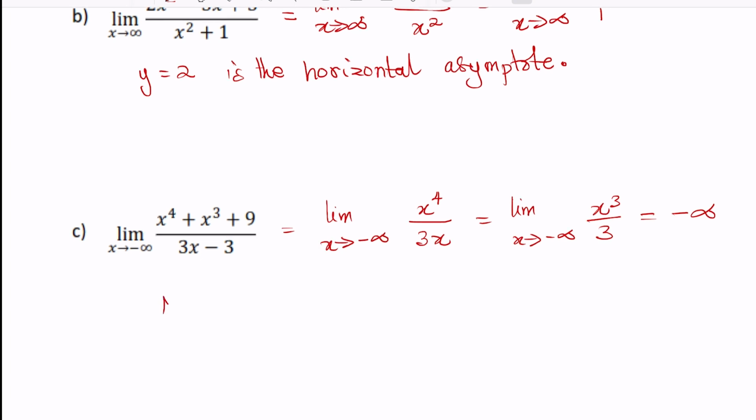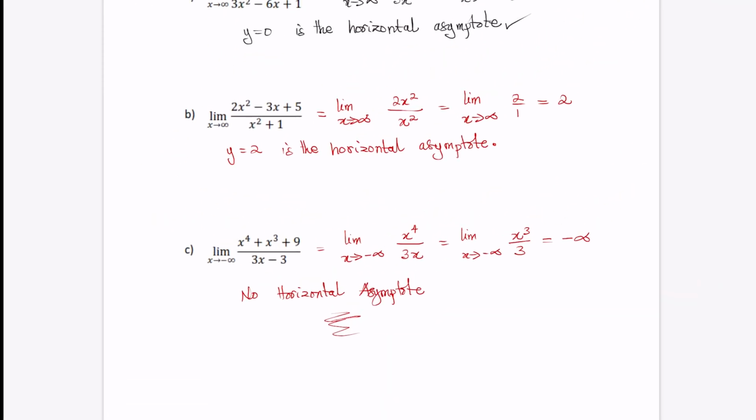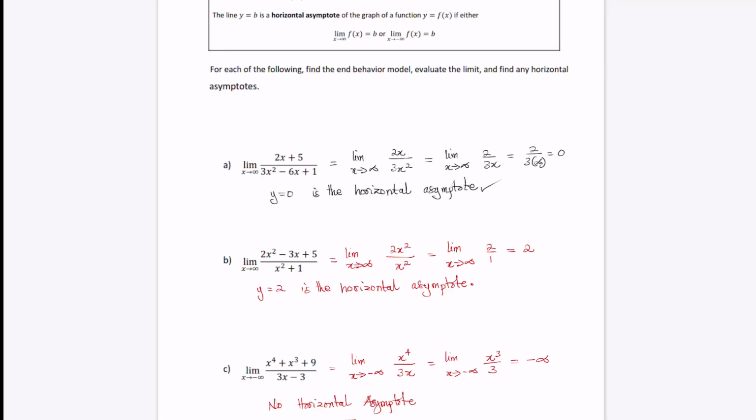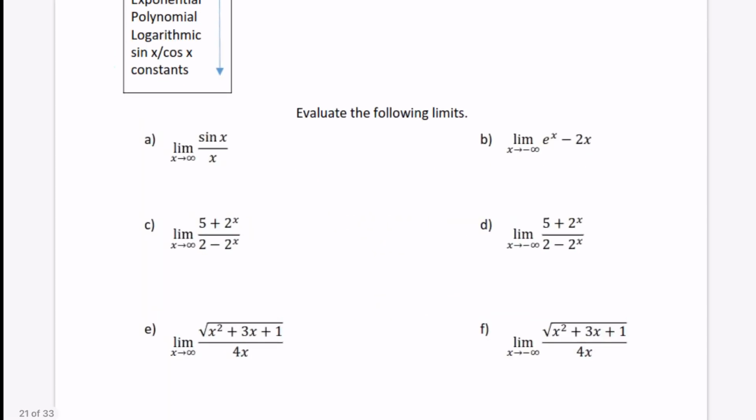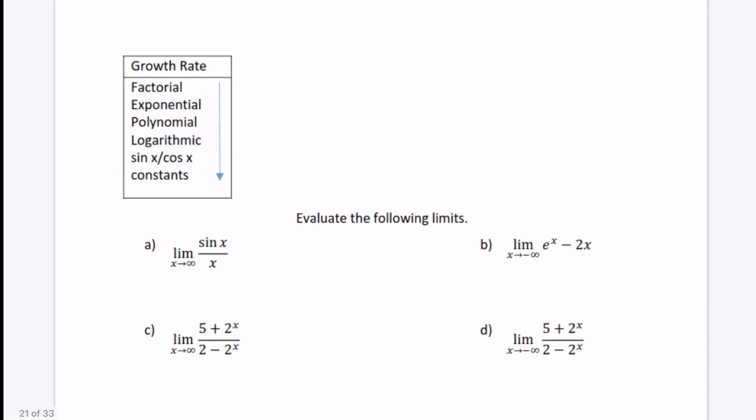Because infinity is not a value that we can assign to y. So we have no horizontal asymptote. So this is how to find a horizontal asymptote. The value that you get when you solve the limit as x approaches positive or negative infinity, that answer is your horizontal asymptote. So let's proceed to look at other questions of infinity.